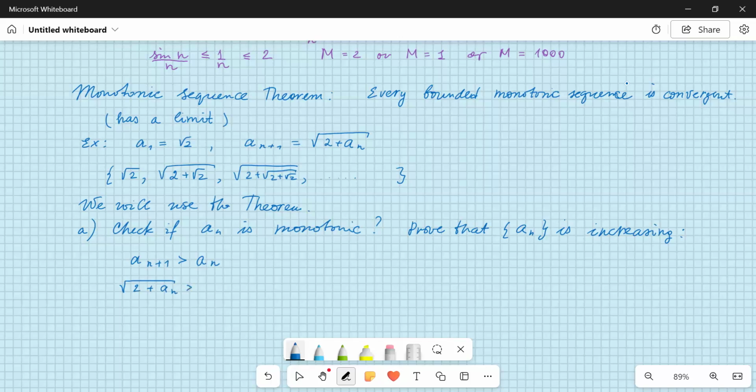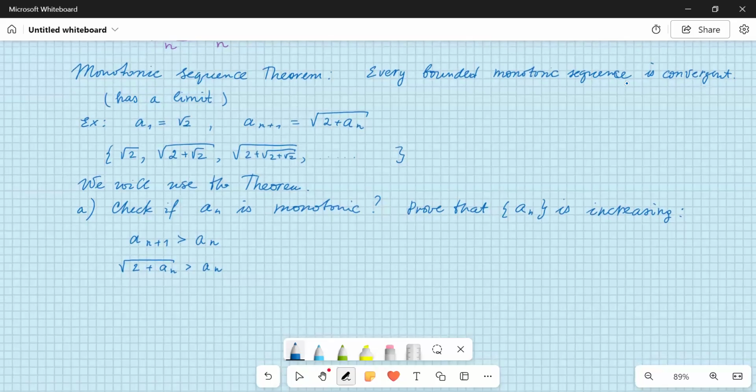And we are trying to prove that it's greater than the term a_n. If we square both sides, we know that the terms are positive because they are all square roots. Let's square both sides. We are going to have 2 plus a_n here greater than a_n squared, right?